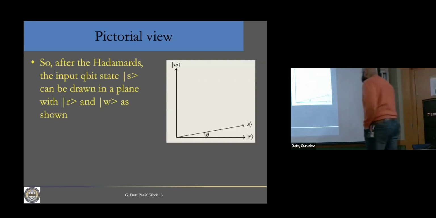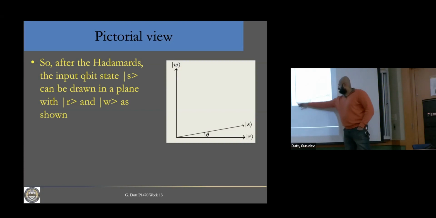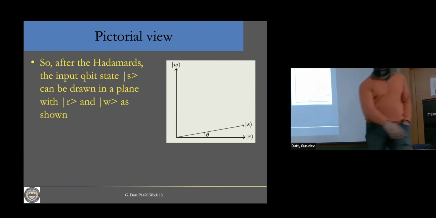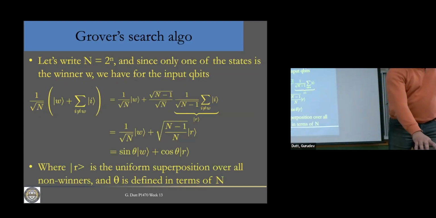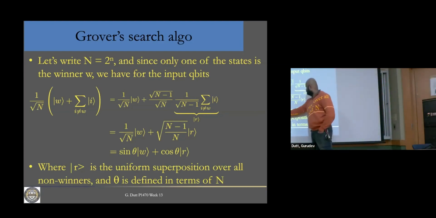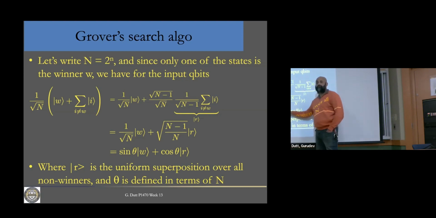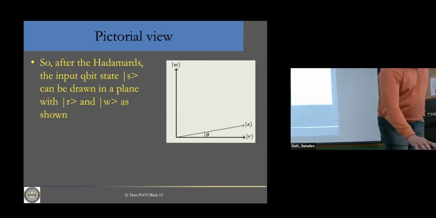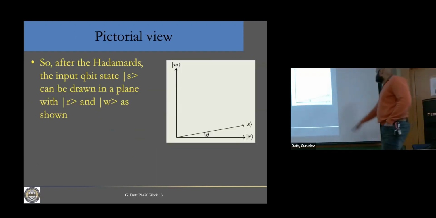So at this point, after the uniform superposition, we can write the state that is created by the Hadamards in terms of R and W by this equation here. This equation tells us that the input state has some small component along W and some very large component along the other states, R. So graphically, I can show that in this way.